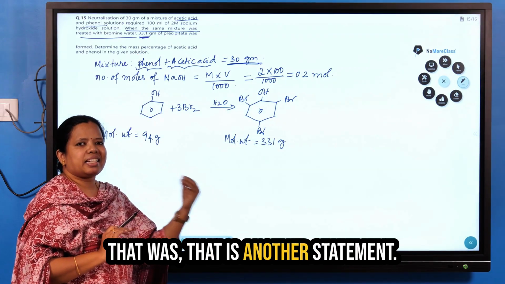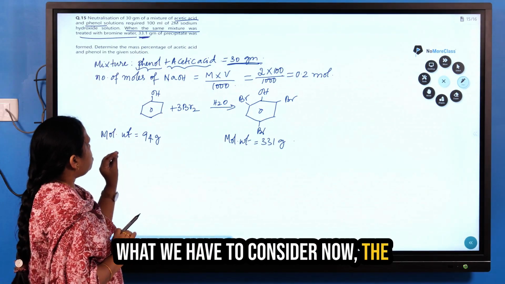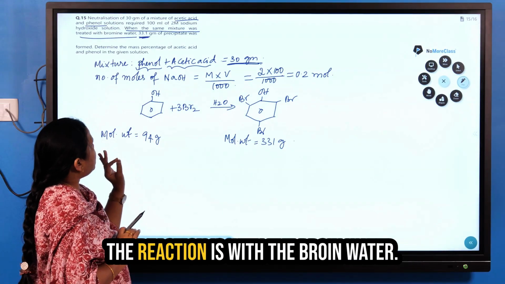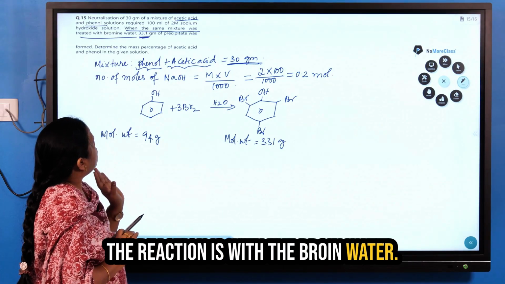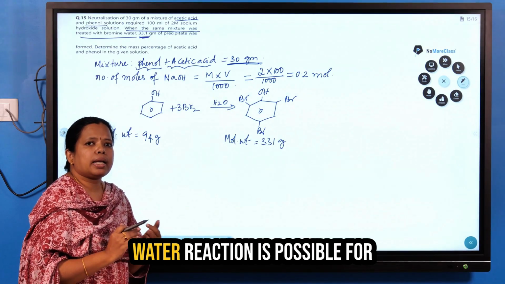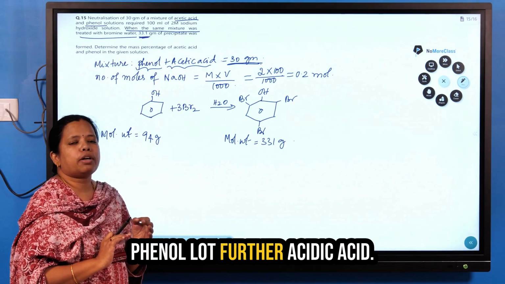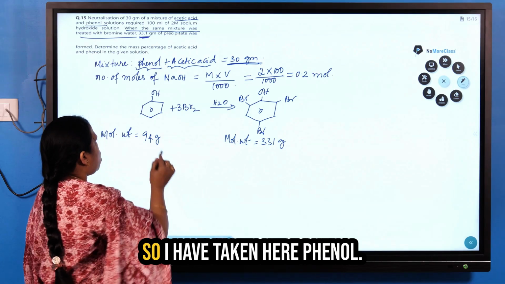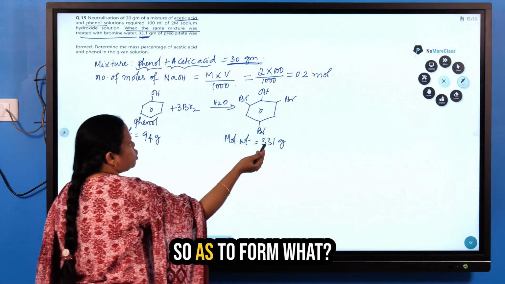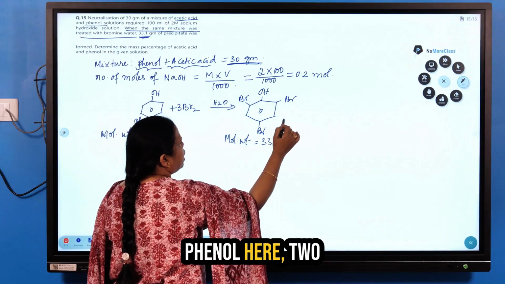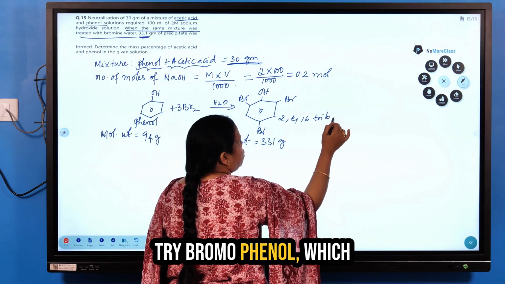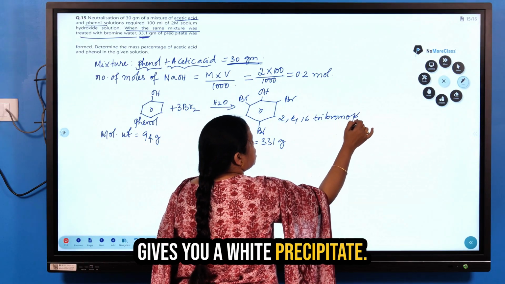The bromine water reaction is possible for phenol, not for acetic acid. So phenol reacts with bromine water to form 2,4,6-tribromophenol, which gives a white precipitate.